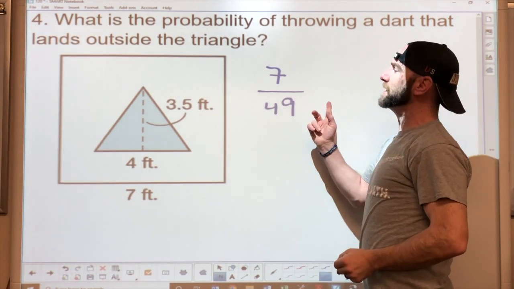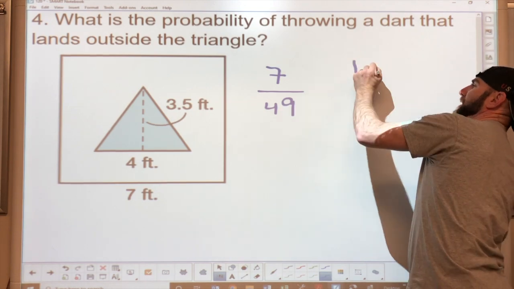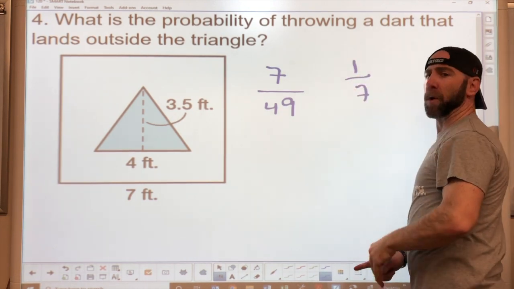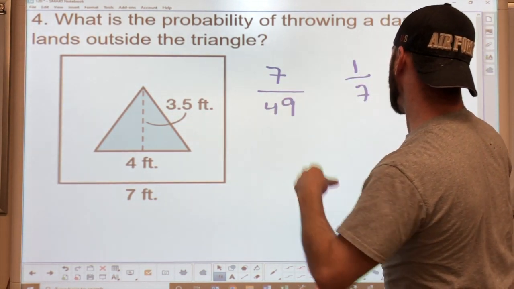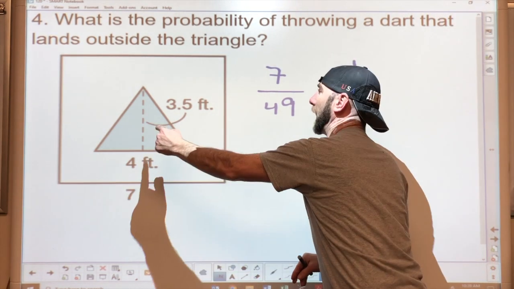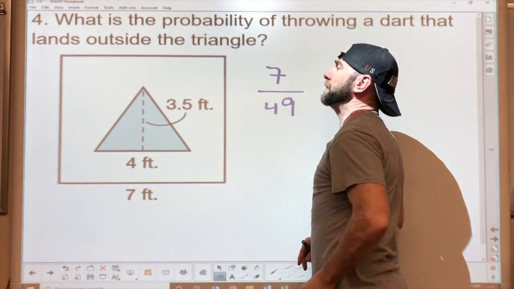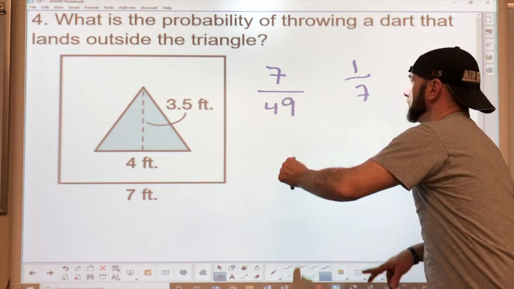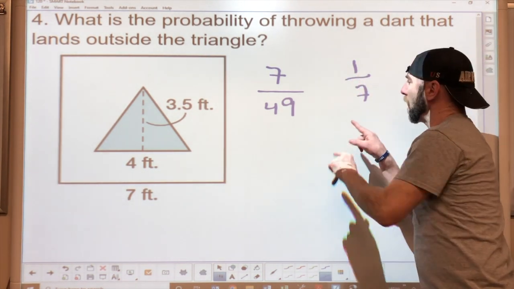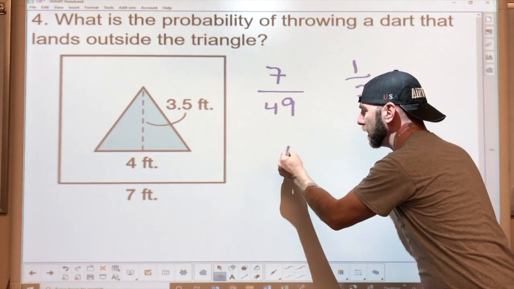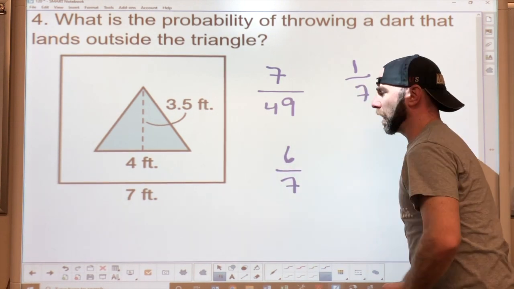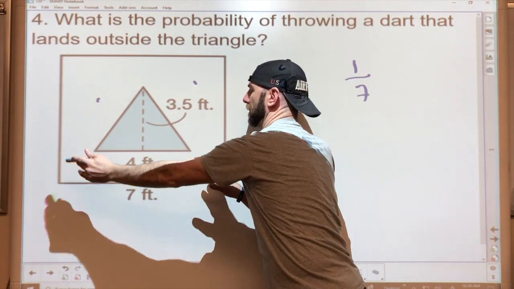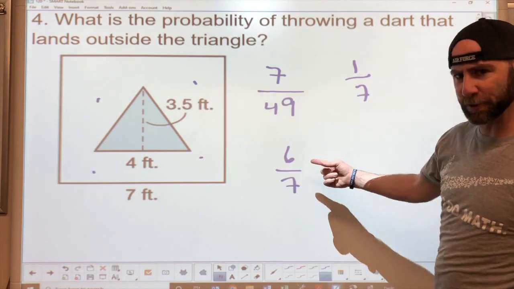So I can reduce that to 1/7. So throwing 7 darts, one of them is going to land inside, but the question says, what's the probability of landing outside? So if one lands in, of the 7 that we throw, 6 of 7 are going to land out here somewhere. There's our answer right there.